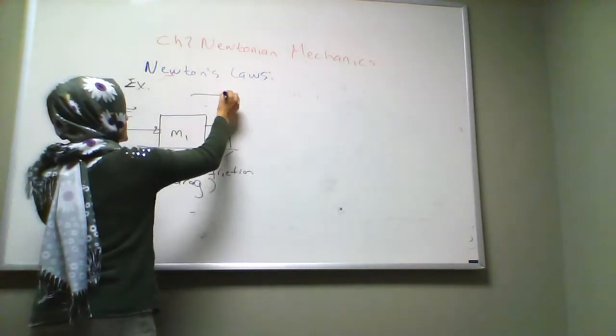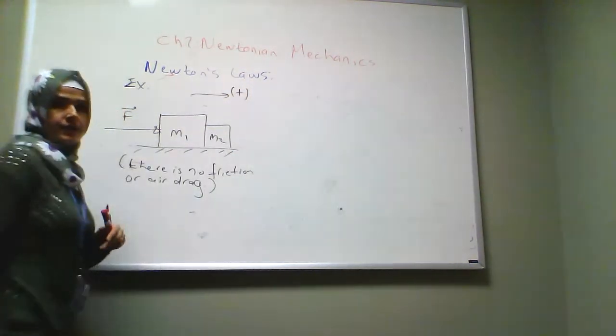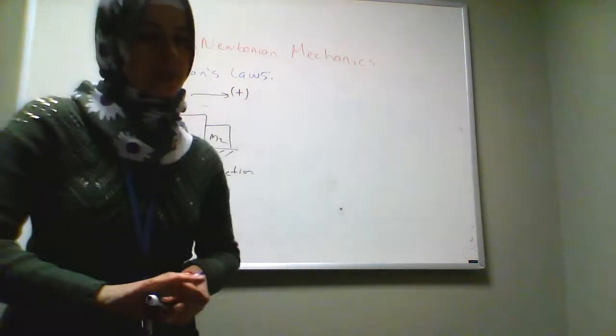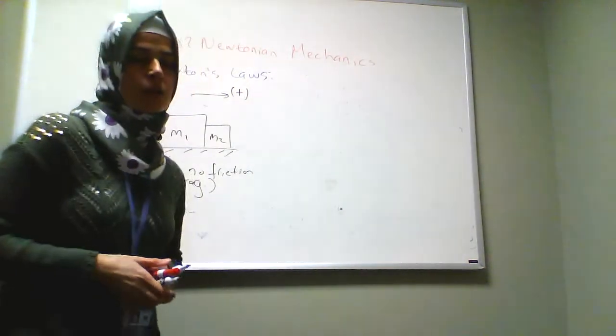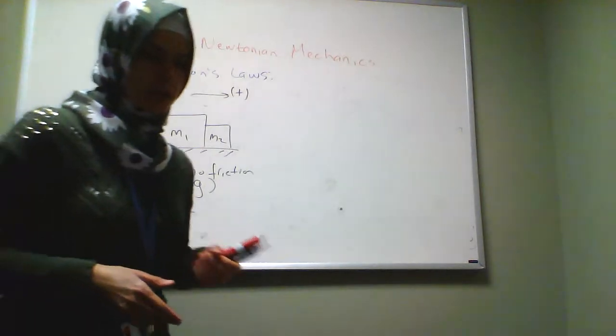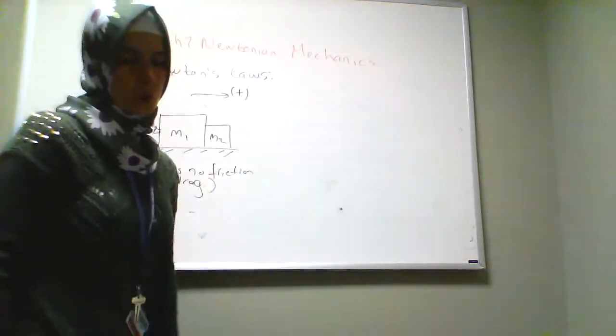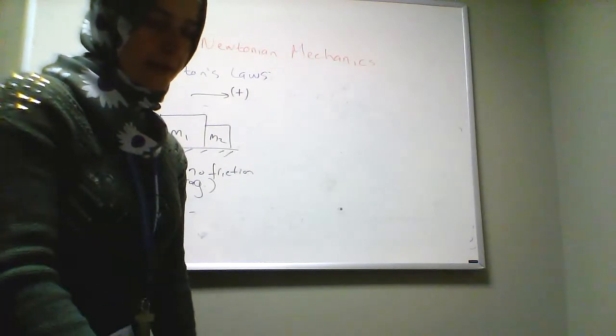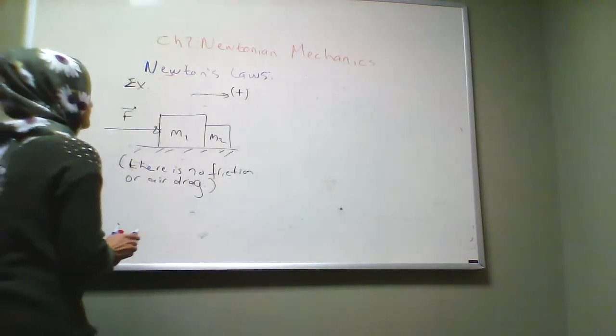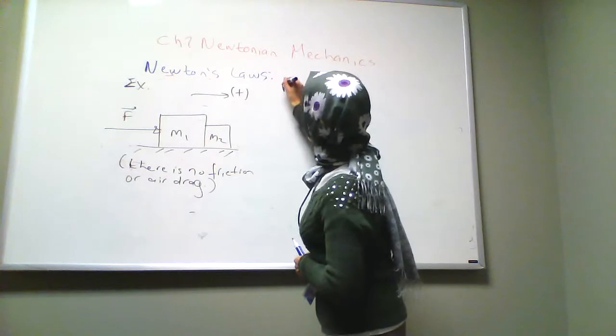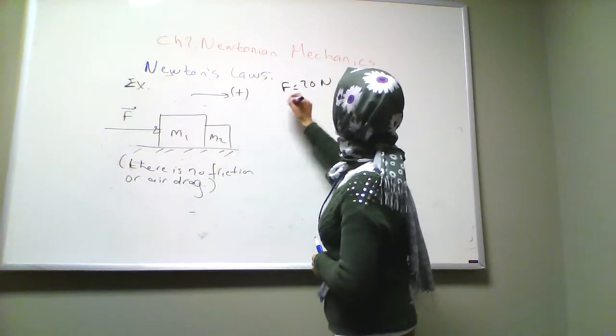For this, my positive direction is to the right. And let me see the question. A, find the total acceleration of the system. Let me see what the force was here. Suppose a force of 20 Newton is exerted on the masses M1, 15 kilogram. So F here is equal to 20 Newton.